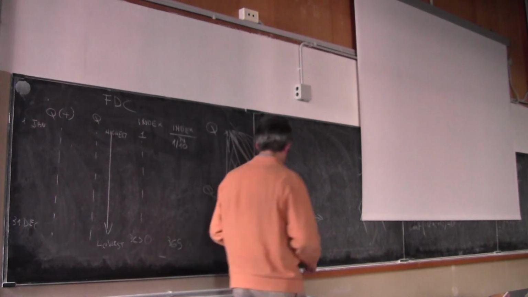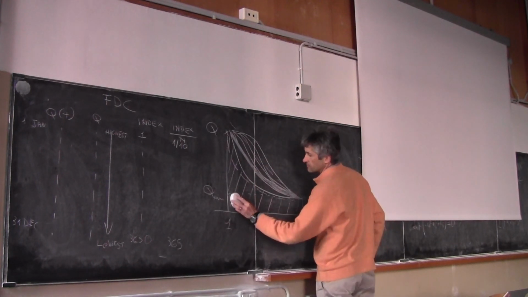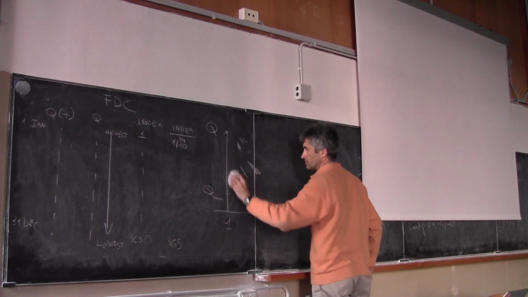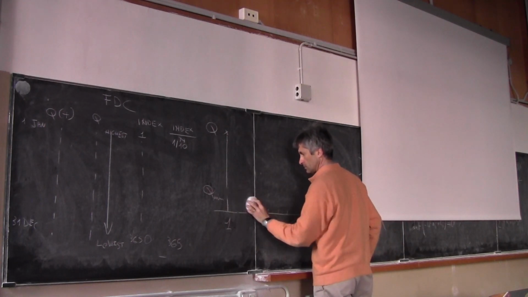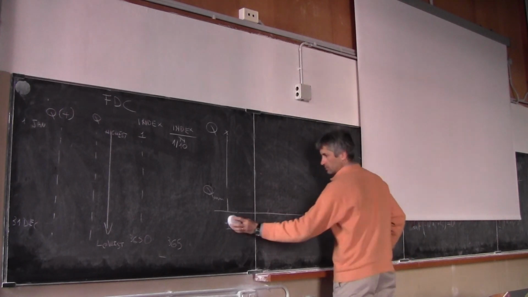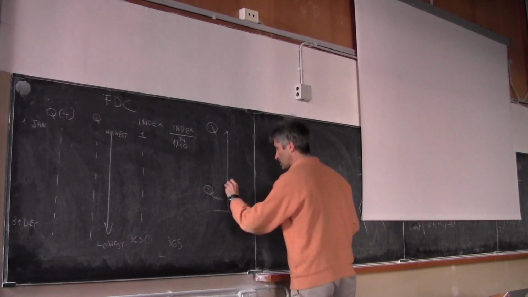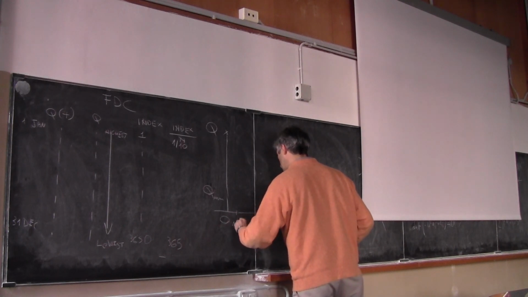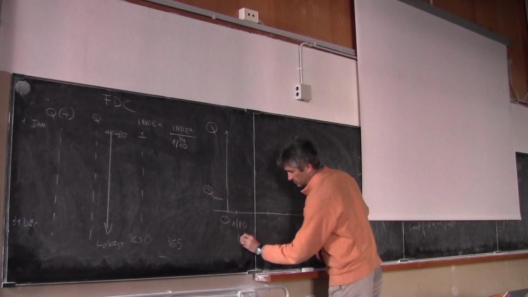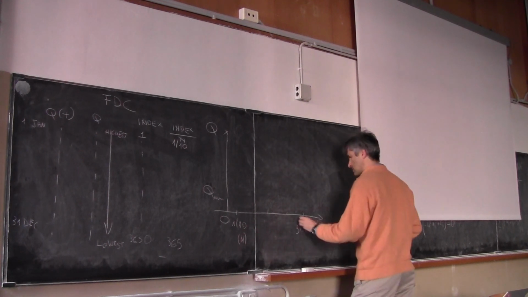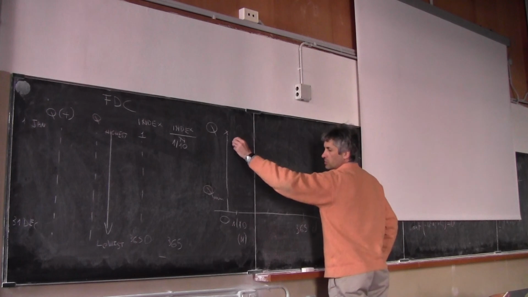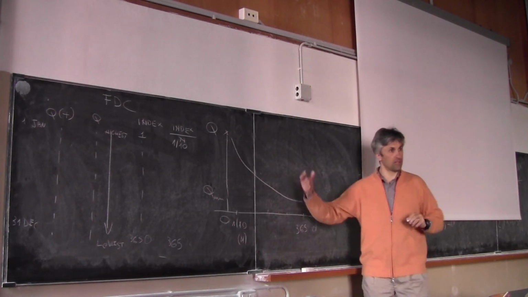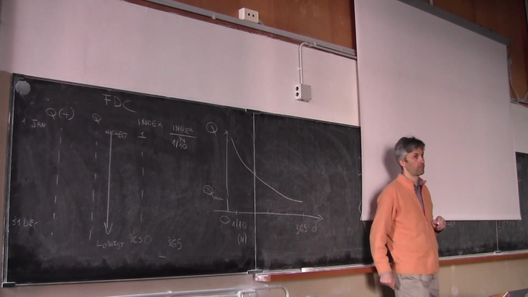Okay, so you get a curve that starts from, first point is 1 over 10, 1 over n, and last point is 365, so you start from here and you get here, and for each day you have 10 points, not 1.